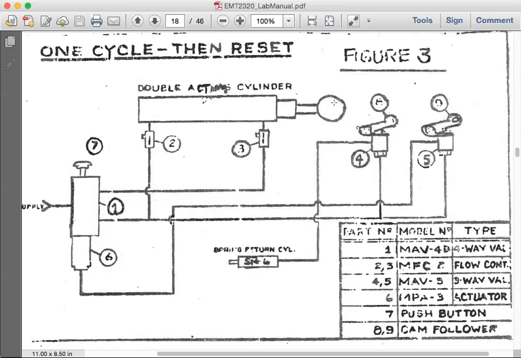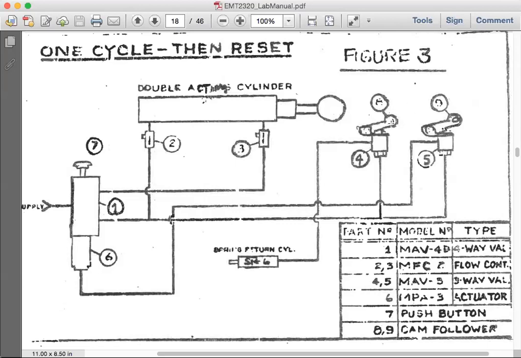Our fourth stage is the piston, since the pressure is still to the left, it continues to move to the right direction. So as the piston is moving forward, at this stage, it is between 2 cam followers.